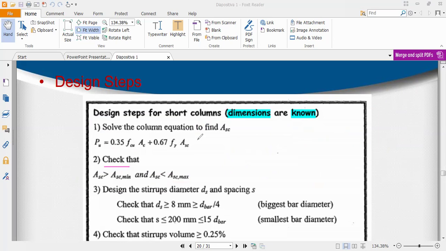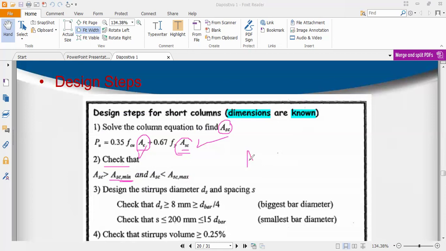Check that. First we can get area C because we have its value. Area S should be bigger than area steel minimum.